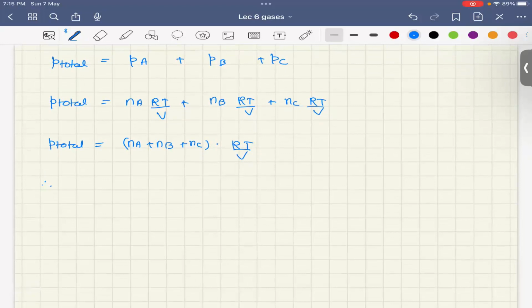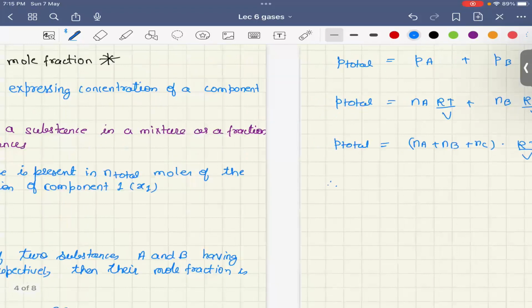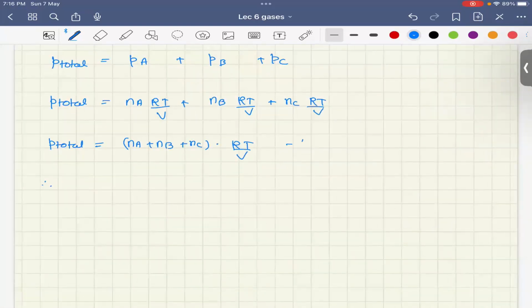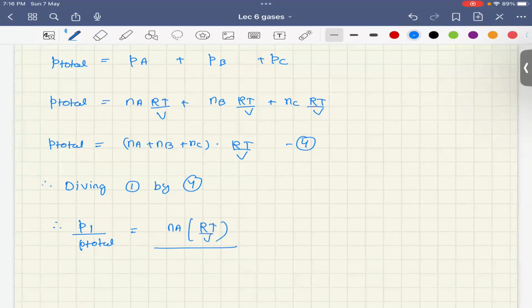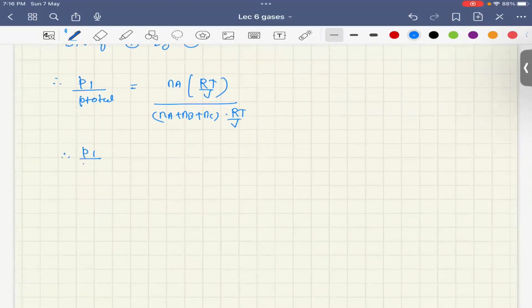So let us assume that this is expression 1, this is expression 2, this is expression 3, and this is expression 4. Now dividing 1 by 4, what we get is P1 by P total is going to be Na into RT by V divided by Na plus Nb plus Nc into RT by V. Therefore, P1 by P total is going to be Na by Na plus Nb plus Nc.